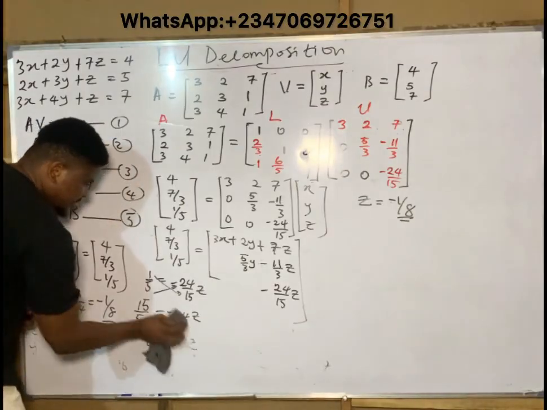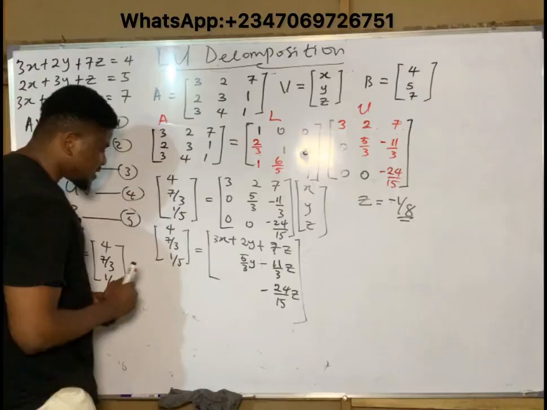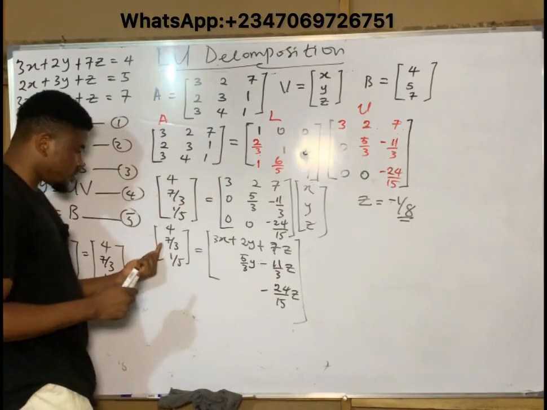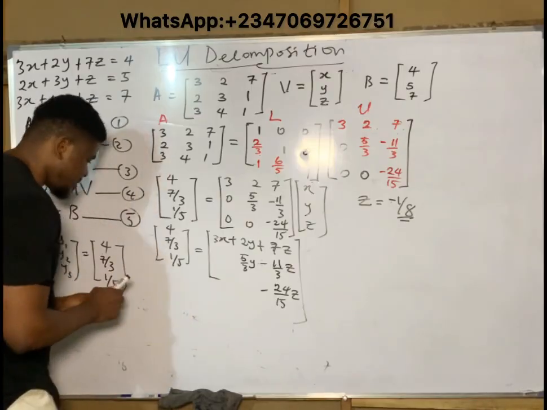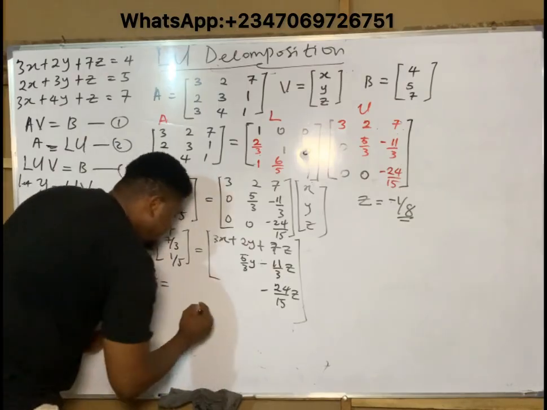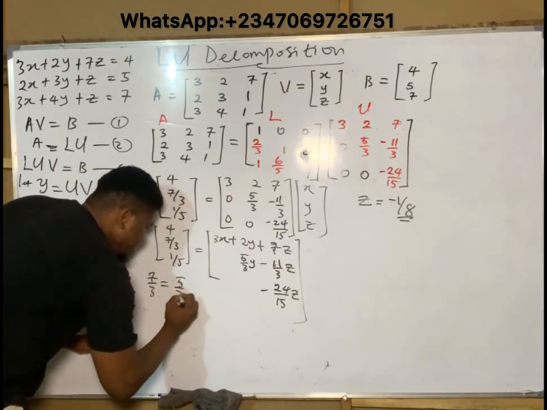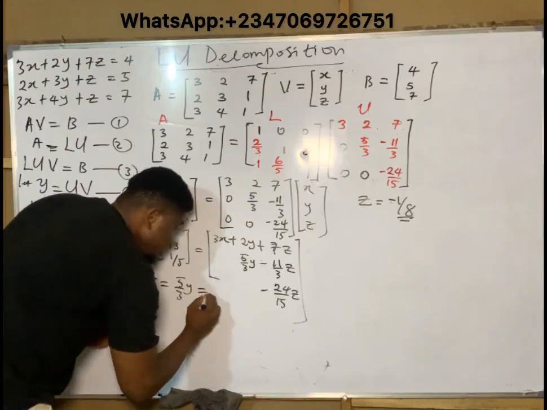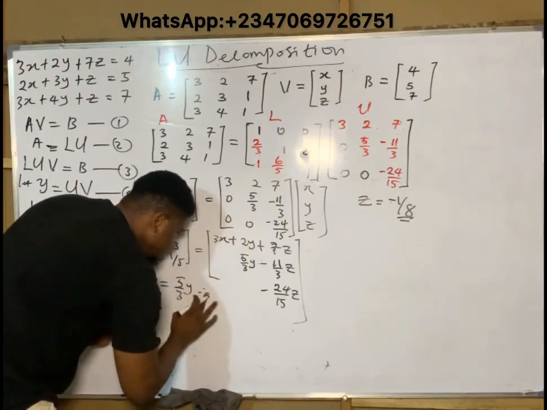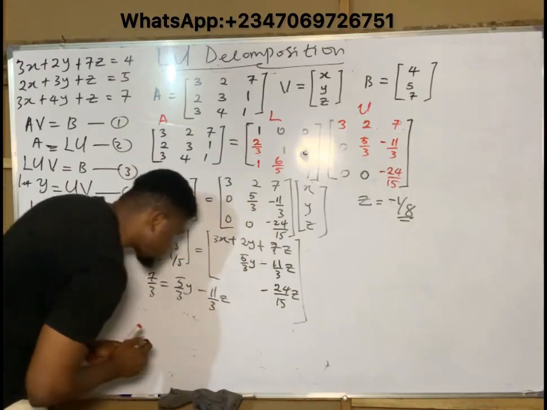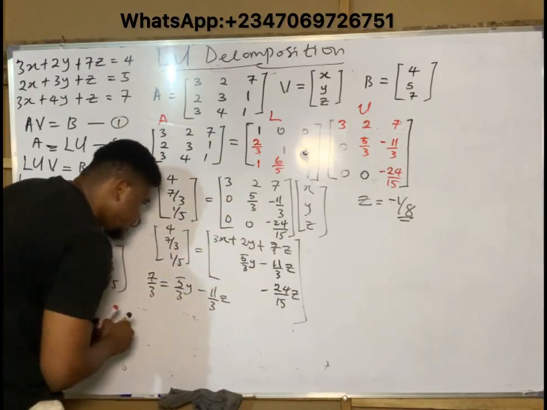All right. We move now to the next row, which is row 2. So the whole of this row 2 is equal to 7 over 3. So we have 7 over 3 equals 5 over 3y minus 11 over 3z. So I know what z is.